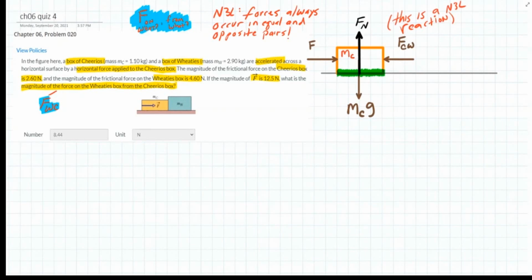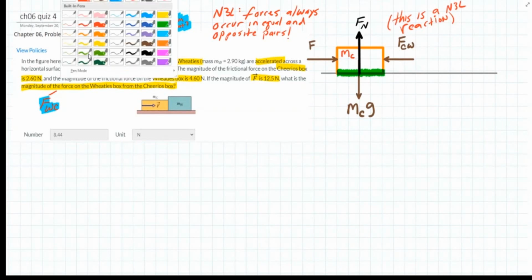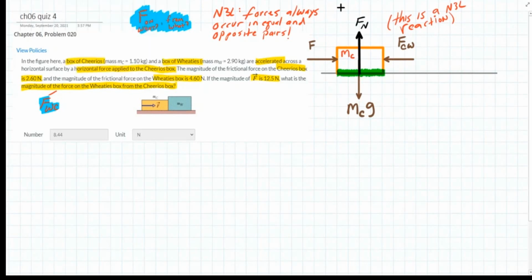Wheaties is green, so I'll just draw it like this. I'm not going to draw them side by side. I'm going to draw them offset just so we can see things a little bit clearer. Okay, so there's my Wheaties object.